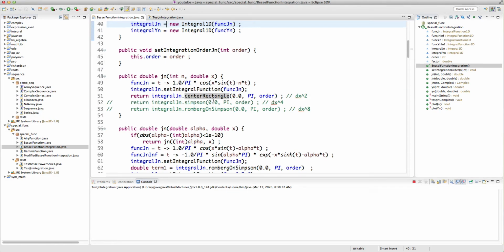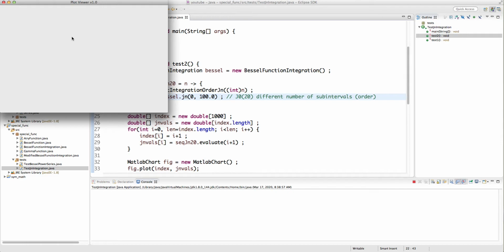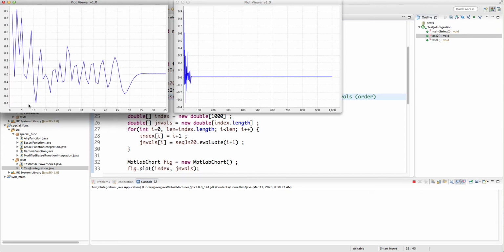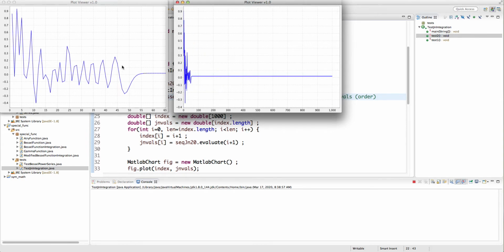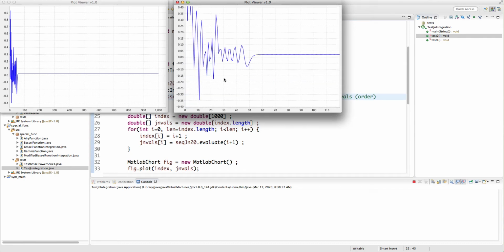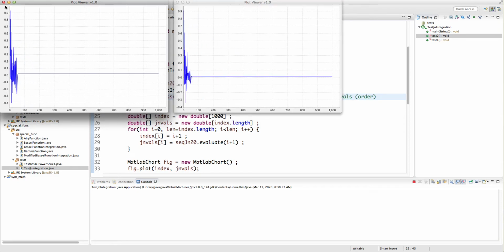But let's look at the case when we try to use the Simpson method. So if we compare the two, the center rectangle was stabilizing at about 60. Simpson is stabilizing at about 60. I mean, there's not much difference here. All right, maybe the amplitudes of error are a little bit smaller, but besides that, there's not much difference in terms of the convergence.